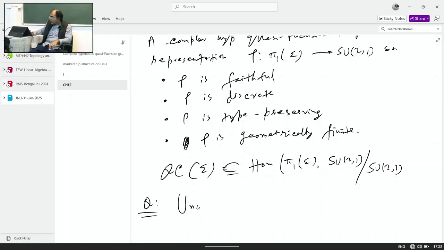Now the question is how to understand this space. Even though there are many works in this direction, in general this space is extremely hard and not much is known about it. Any result that you can ask for Teichmuller space can be asked for this space as well, and most of the answers are not known.